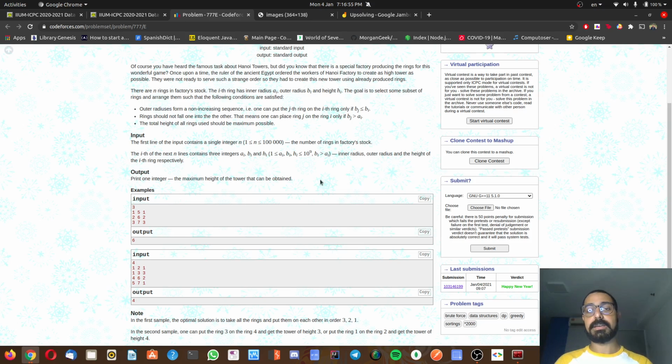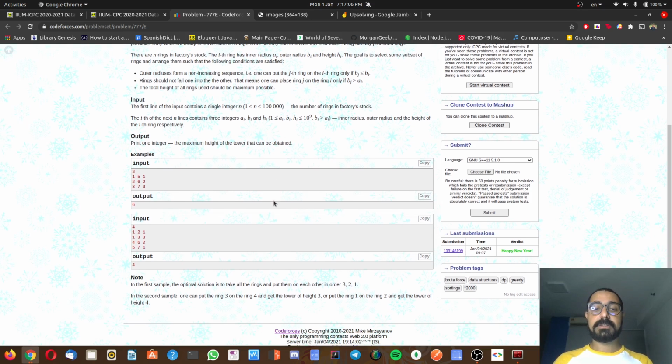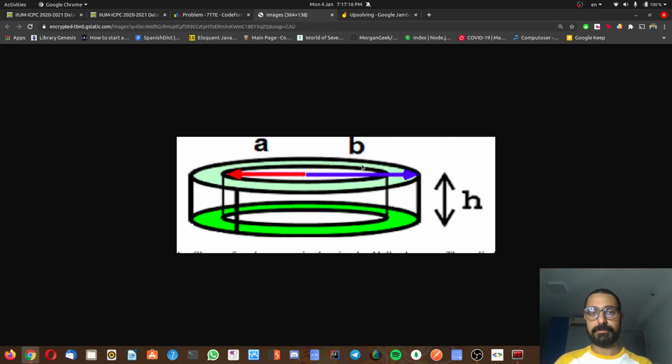Okay, and the problem gives this set of rings, and then asks what is the maximum height of the tower that can be obtained. So the first observation we can think of is, if two rings have the exact same outer radius, the exact same b, we can merge them into just one ring.